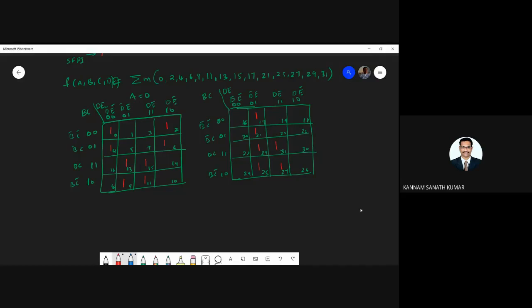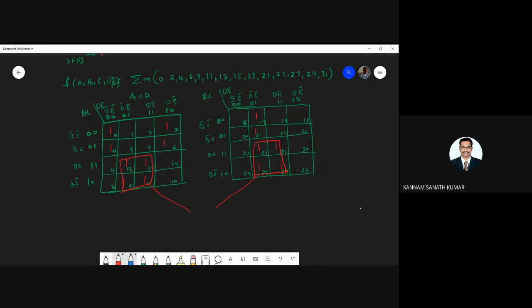So here if you see, this quad and this quad make one octet. These two are adjacent, no? If you fold like this, those will come in the same position. So these two quads make an octet. An octet eliminates how many variables?